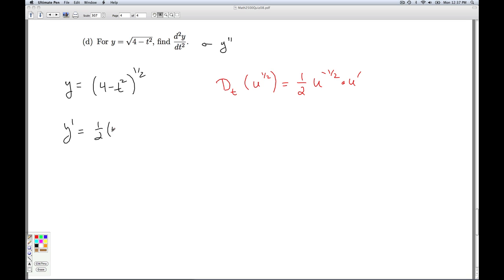So it's 1/2 (4 minus t squared) to the minus 1/2 times the derivative of what's inside with respect to t. We would use the difference rule here and take the derivative of 4 minus the derivative of t squared. The derivative of 4 is 0. The derivative of t squared is 2t. I think we've seen this enough to know that I'm going to get negative 2t out of that.